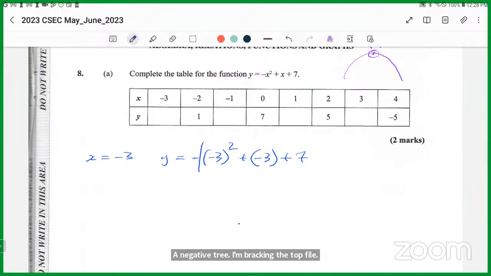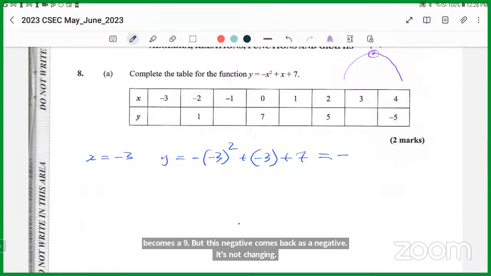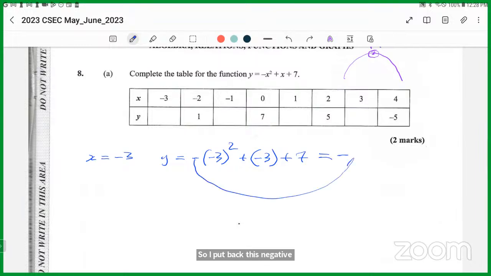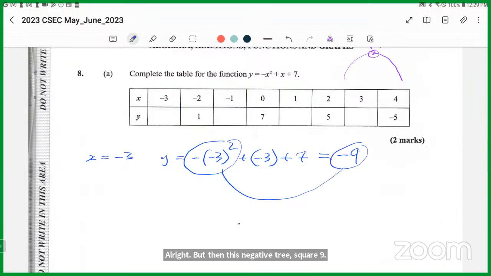So this inside here becomes a 9. But this negative comes back as a negative. It's not changing. I put back this negative first because it doesn't get squared. But then this -3 squared comes up 9. So this all works out to be -9 right here.